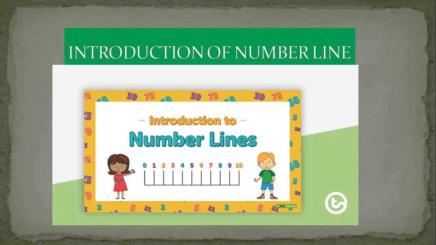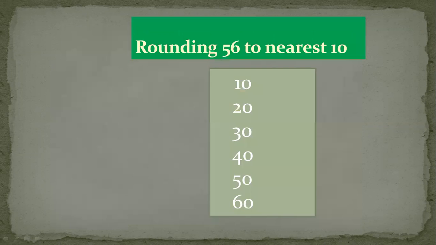A line that is made between certain numbers, from 0, 1, 2, 3, 4, 5, 6, 7, 8, 9, 10. This is a number line, which helps us with adding or subtracting different kinds of numbers. So before we start, here is one example.